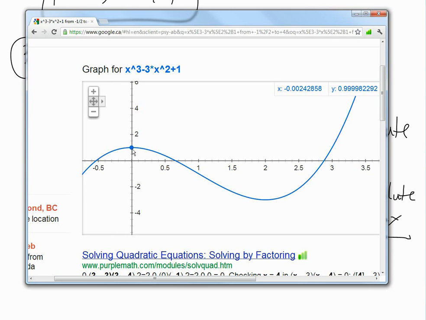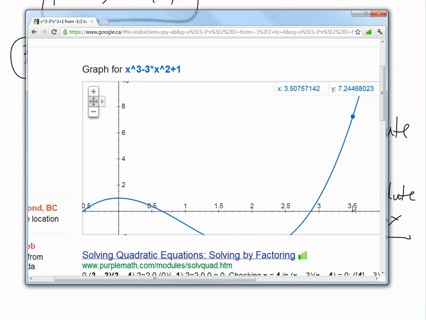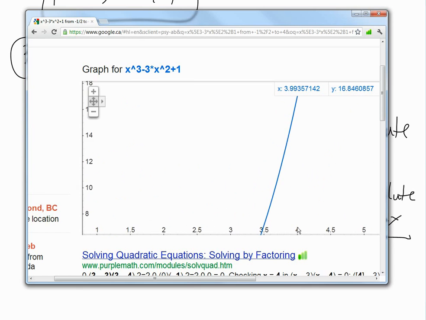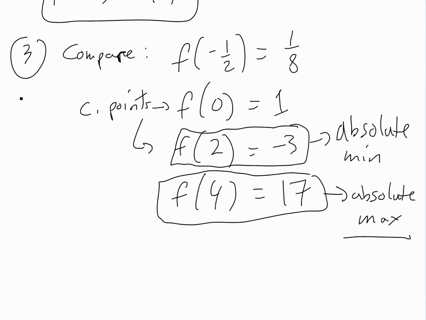At 0, we get 1. At 2, it's -3, you can see on this graph. When we drag it to 4, we get 17. So this is all right.